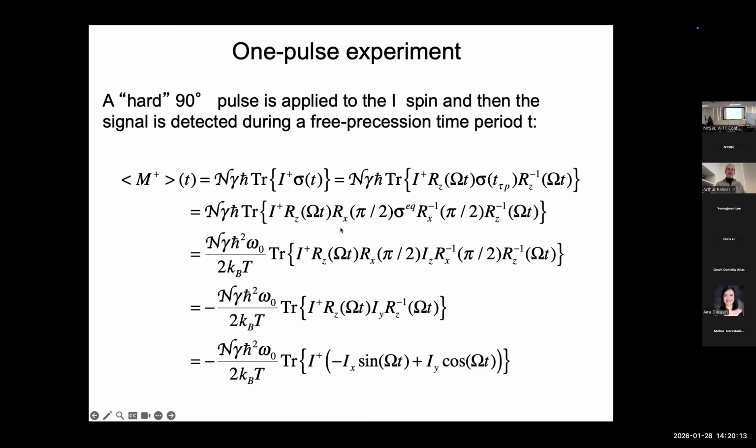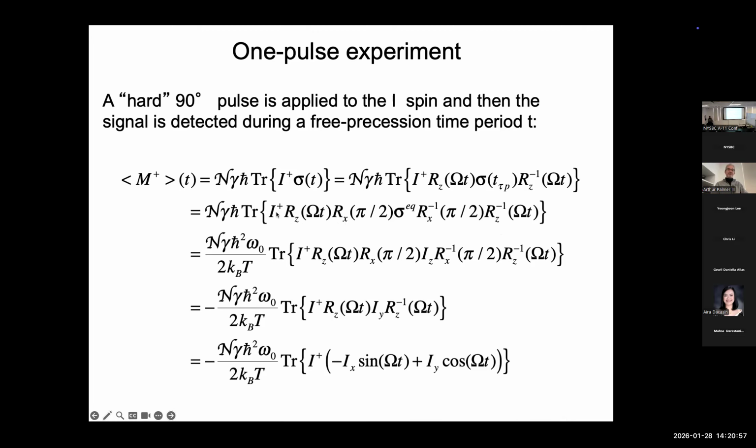If we applied a 90-degree pulse around the x-axis, the density operator after the pulse is the result of a 90-degree rotation around the x-axis applied to Boltzmann equilibrium. So here's Boltzmann equilibrium. The rotation is the x rotation acting on the equilibrium, and then the inverse rotation. Rotation around z is that operator, and here's the inverse of that operator. Always these sandwiches, U something U minus 1.